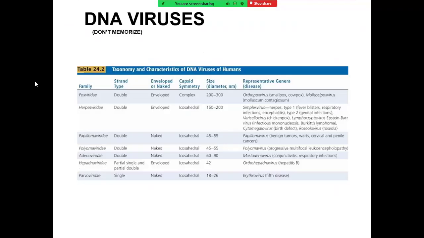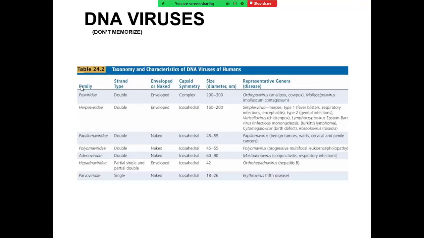And here on the left side, we have the family's name, and you don't really need to know about the double-strand DNA. You don't really need to know about whether it's an envelope or a naked virus either, although we have talked about that. You don't need to know about the capsid symmetry or the size, but you do have the representative genera and the diseases they cause.